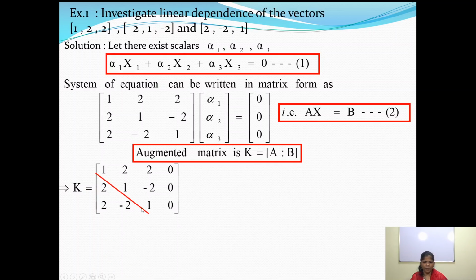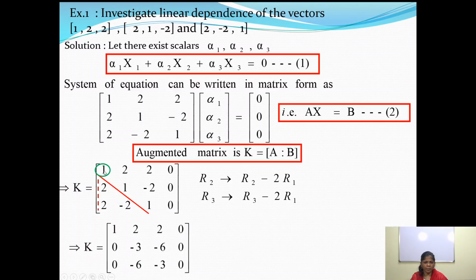Now, identify diagonal elements. The first diagonal element is 0 or non-zero? It is non-zero. So we reduce all elements lying below it to 0 with the help of this one. We need to convert these to 0, so we multiply the first row by 2 and subtract it from the second row, that is R2 - 2R1.